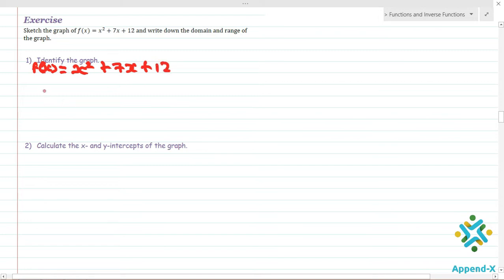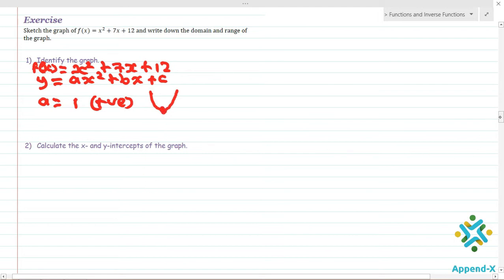Now, this is an equation of the form y is equal to ax squared plus bx plus c, which is the standard form of the equation of a quadratic function. Now, in our case, a is equal to 1, which is a positive value. Therefore, the graph must be concave up like this, with the turning point of the graph occurring at the minimum point.